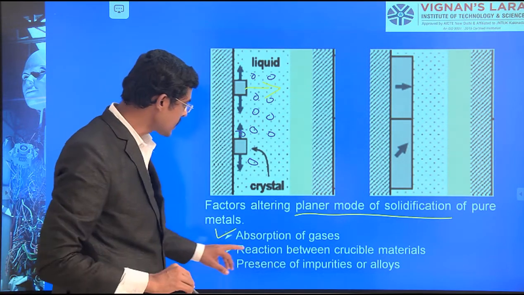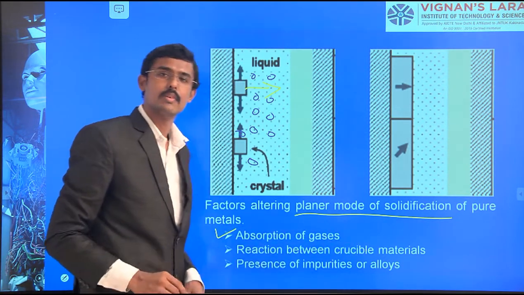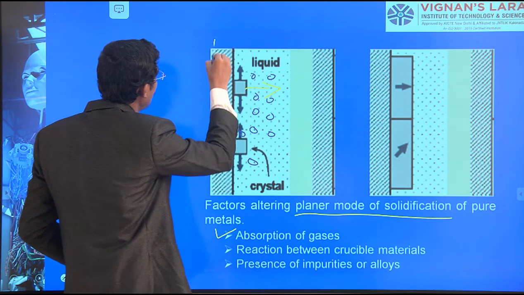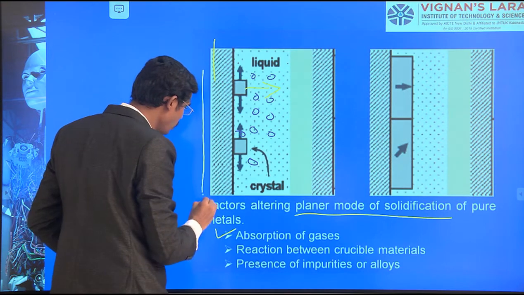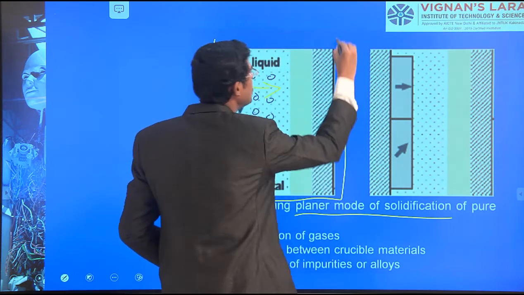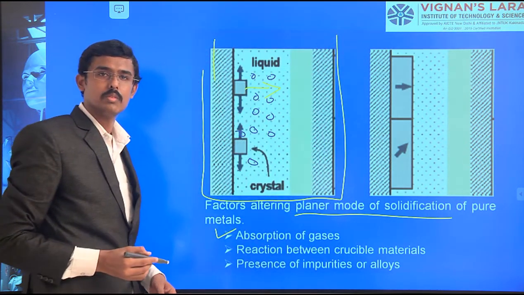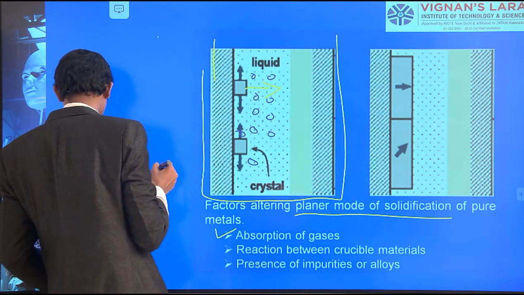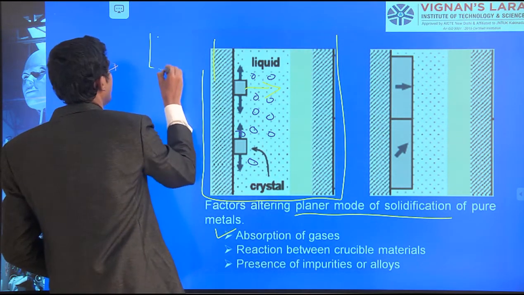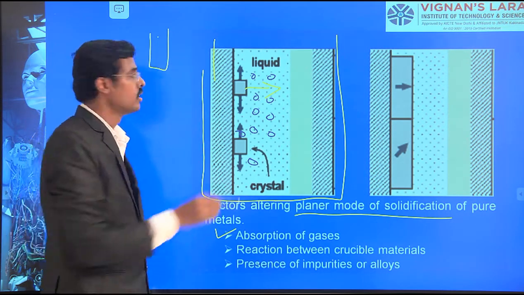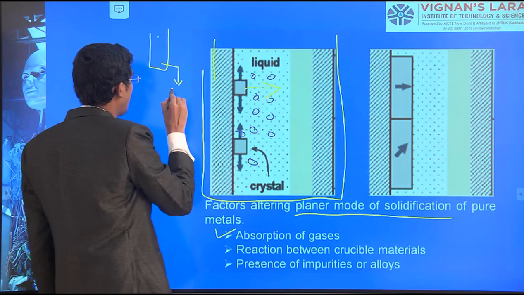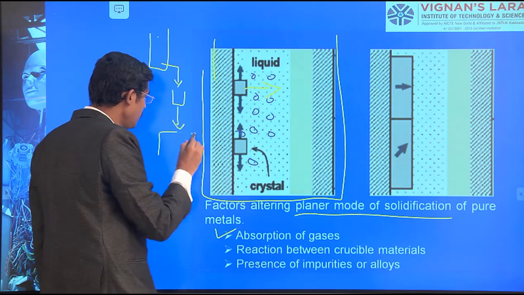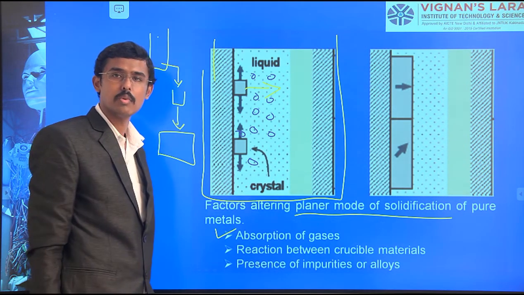Number 2, reaction between the crucible and the materials. Where is the crucible? I mentioned, this is the mold box, and this may be the crucible also. We are taking from the cupola furnace, tapping out, taking the crucible and coming down and putting into the box which is to be cooled.